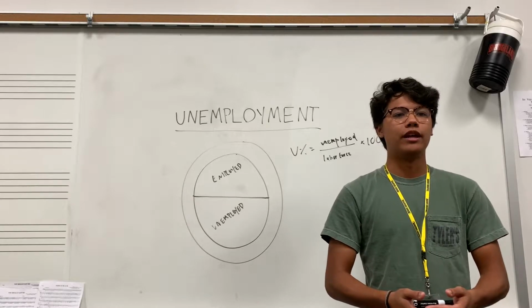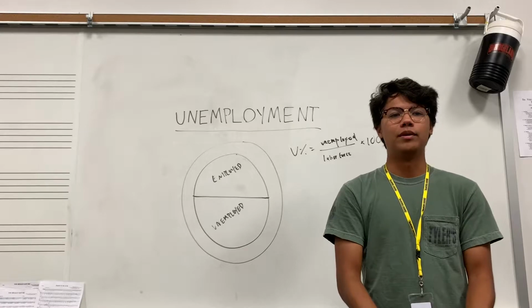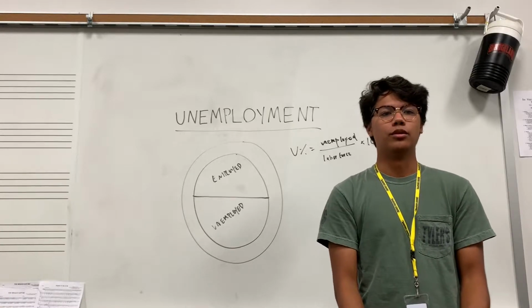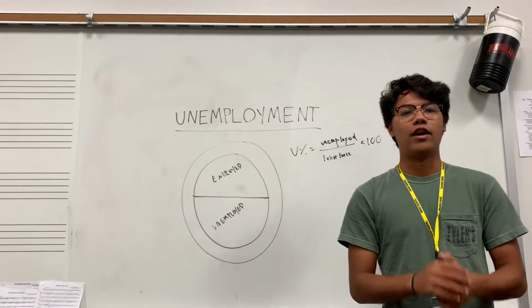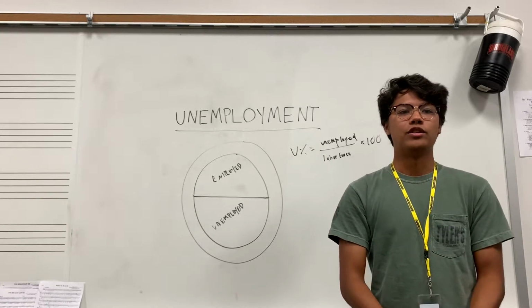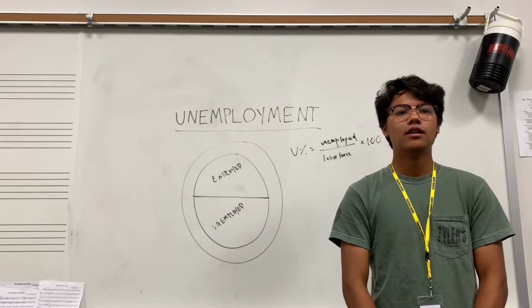So for example, in a recession, unemployment rises as people begin to lose their jobs due to certain economic reasons. And finally, we have seasonal unemployment, which is unemployment as a result of regular changes in the season.